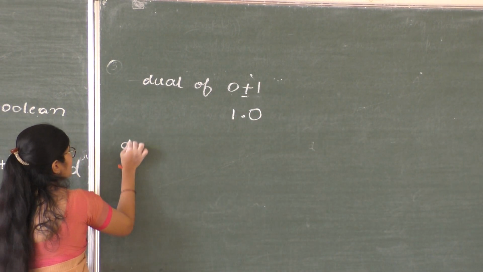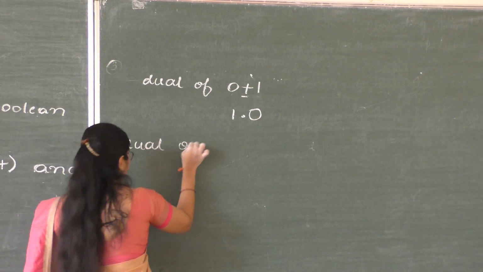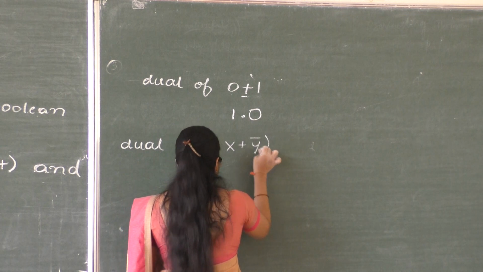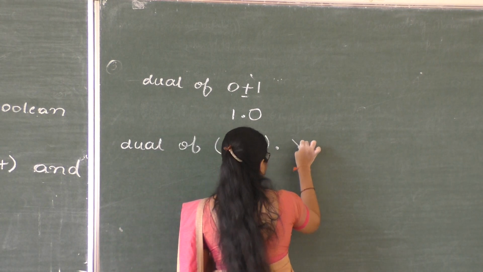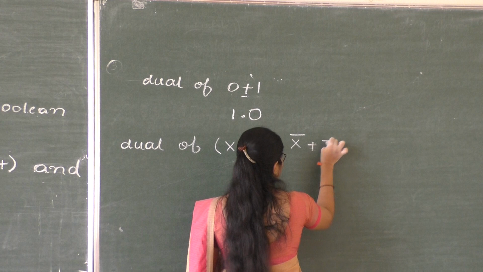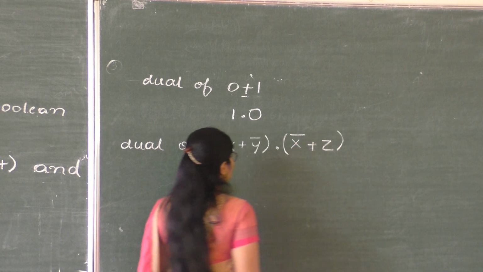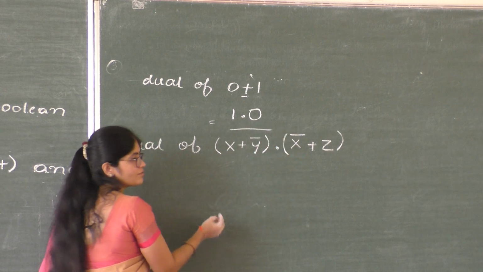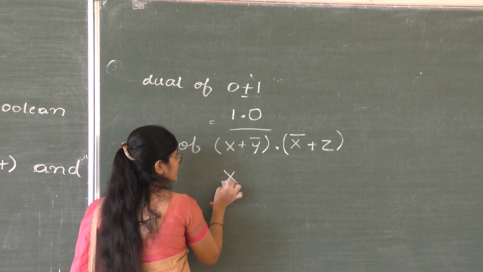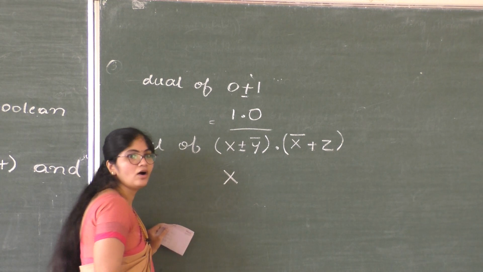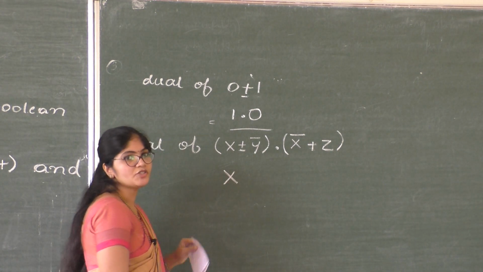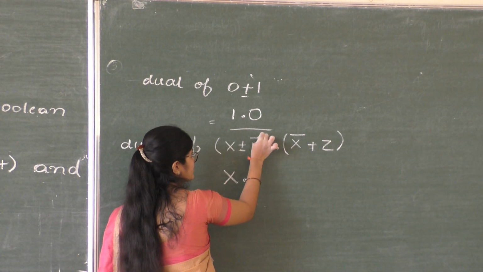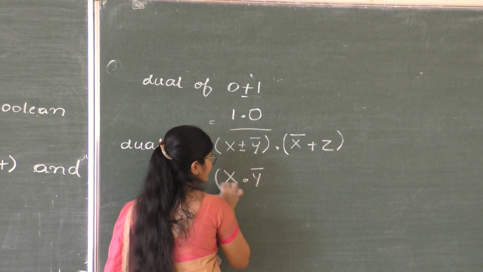Next, dual of x plus y bar and x bar plus z. So, dual of this expression is first variable x, next there is OR operator plus, change OR operator to AND operator dot, next y bar dot.